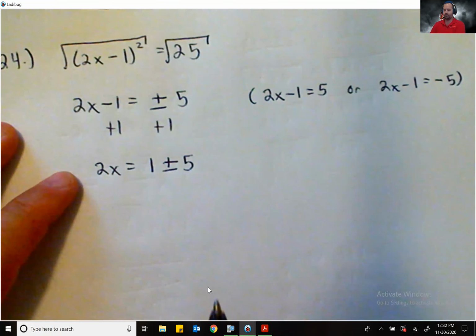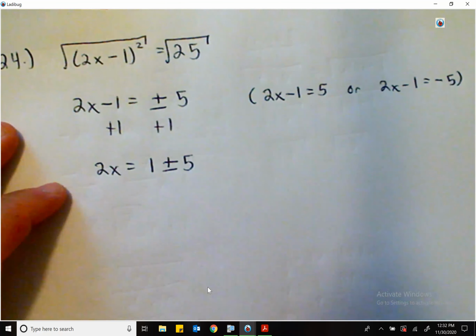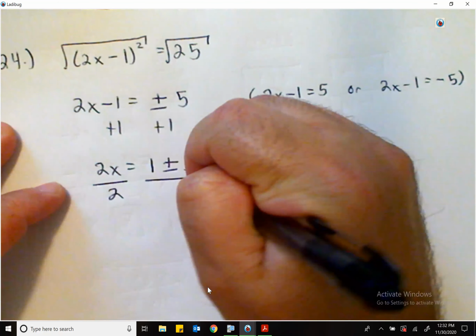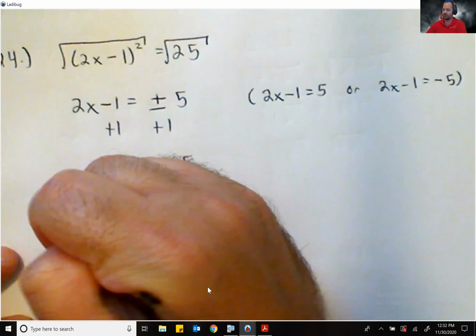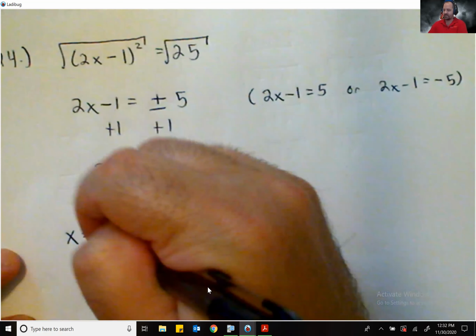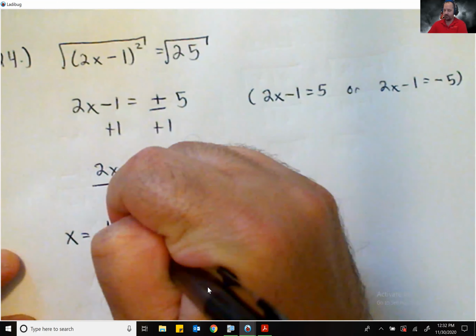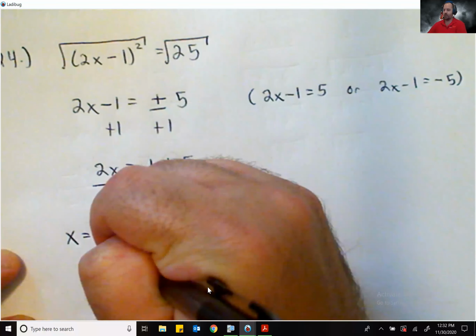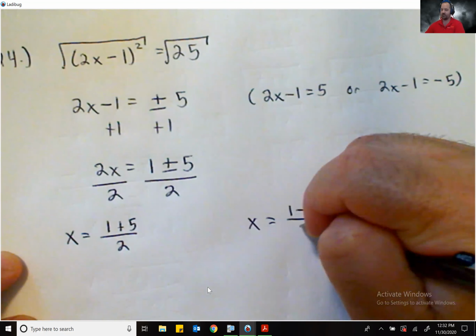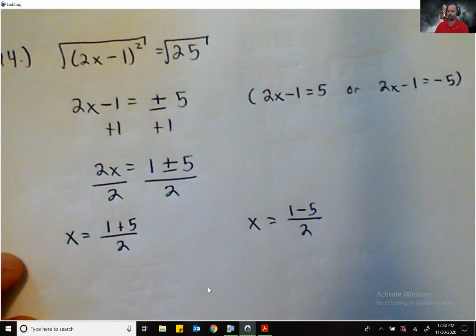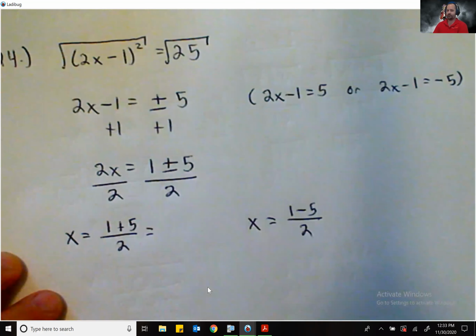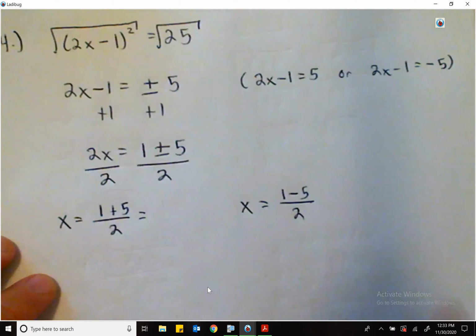All right, so now how do I get x by itself? What are we going to do? Divide by 2. Divide by 2. So we're going to have two answers. One where it is 1 plus 5 divided by 2, and one where it is 1 minus 5 divided by 2. So what is 1 plus 5? 6 over 2.